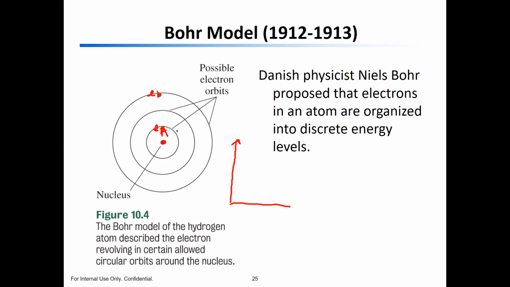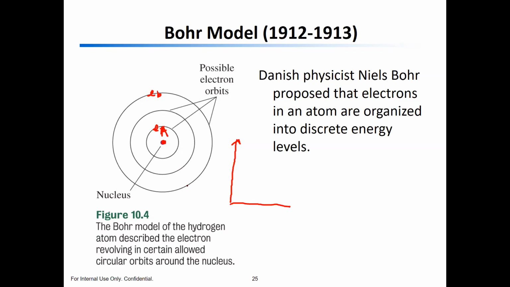A, right? So which one's more stable in terms of electron? Which electron do you think is more stable, A or B? A, right? It's closer to the center, it's stable, connected.